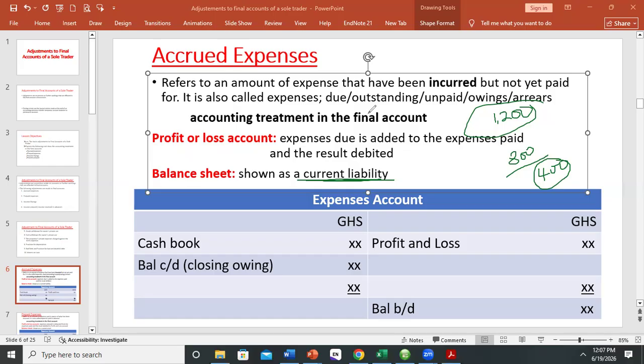So that 2,000, is it not a combination of the 1,500 you have paid plus the 500 you haven't paid? That is all that we are saying. So you would technically add the part of the fees you haven't paid to the one you have paid to get the total fees expense for the term. That's the point we are making.